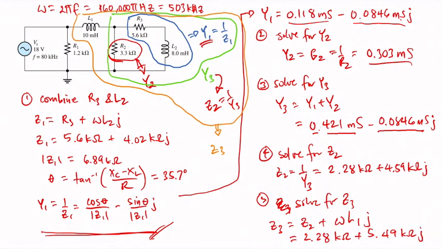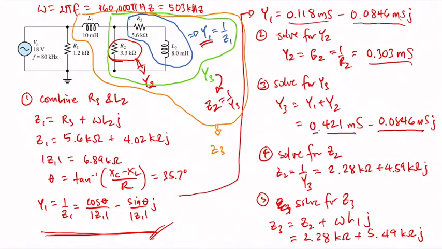Now again, Z3 is an impedance that was solved using a series circuit, but this equivalent circuit is in parallel with R1, so we need to get the reciprocal of Z3 first in order to solve for the equivalent of Z3 with R1.